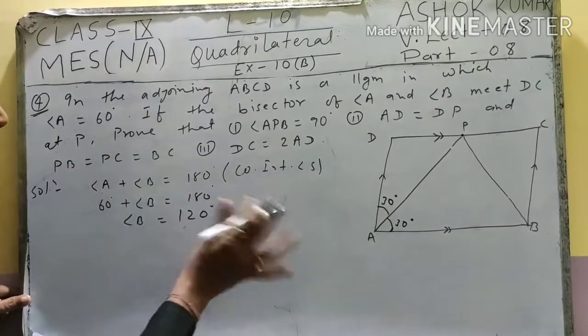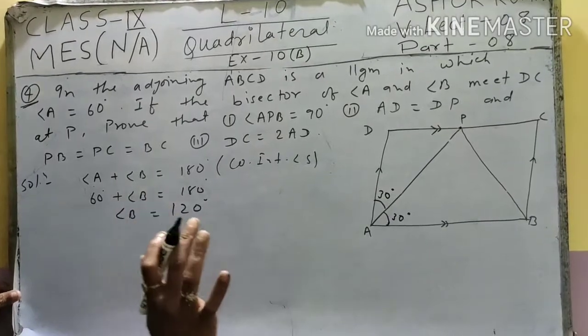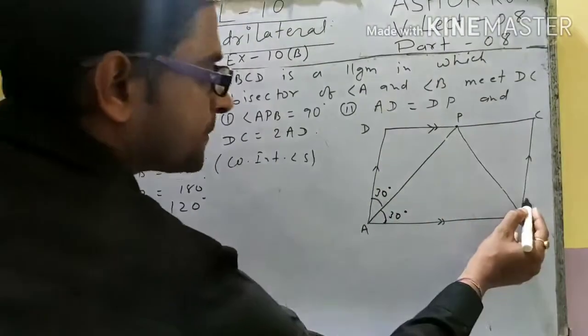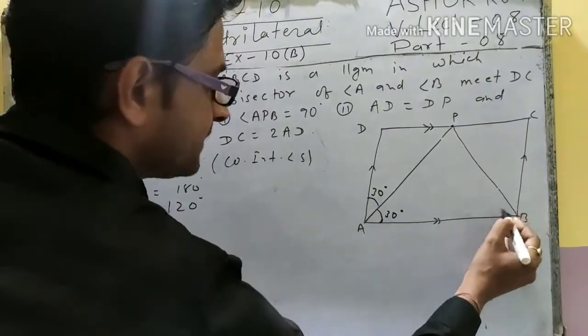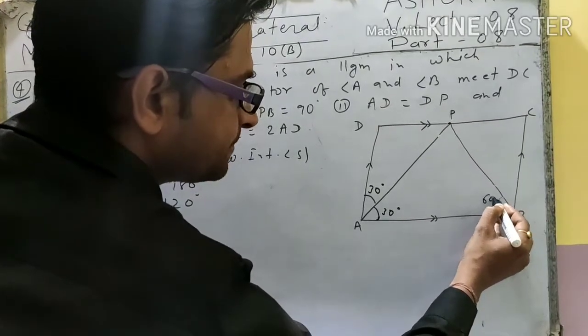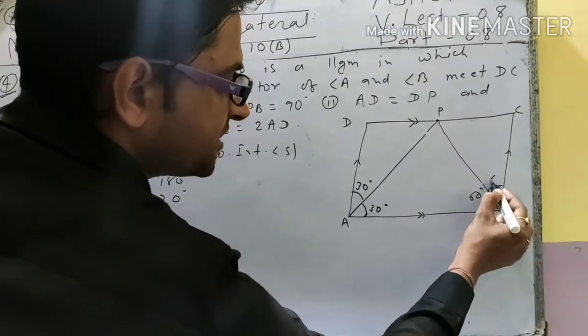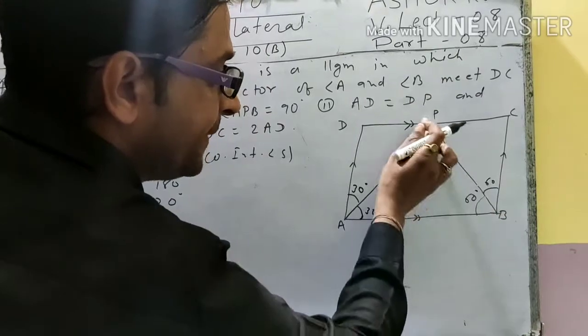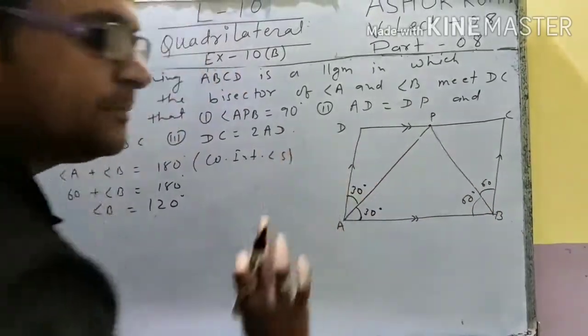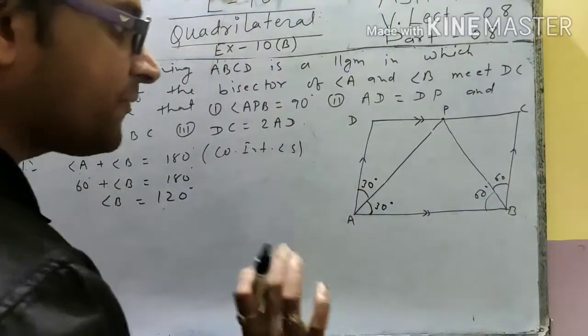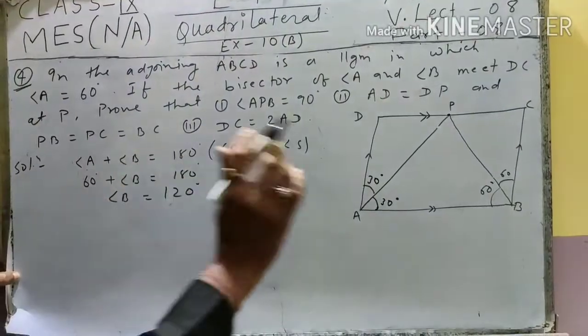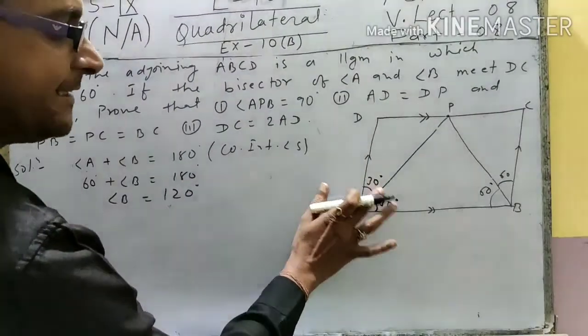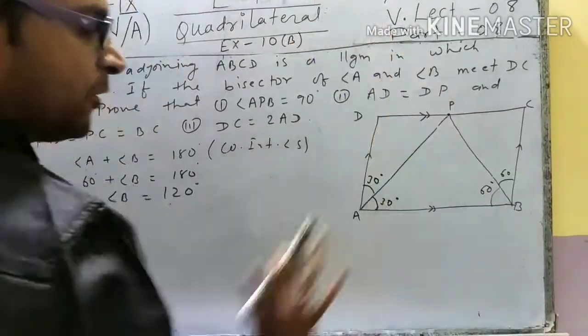If this angle is 120 degree, then this is 60 degree and this angle is also 60 degree, because DP is also a bisector of angle B. So look at here student, 30 degree, 60 degree, 60 degree.